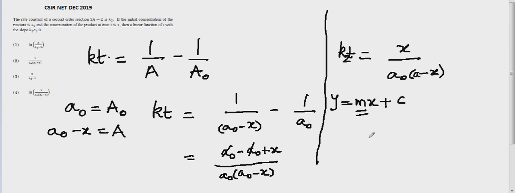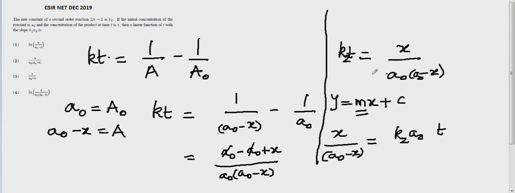So what we have to do is rearrange the above equation as such. This could be written as x divided by (A naught minus x) is equal to k2 A naught t.